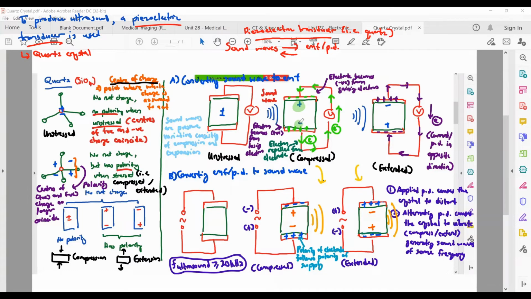Now, when this part here becomes negative, the negative here will repel an electron away from the electrode. The electron will now flow from here to here to here, back to here.